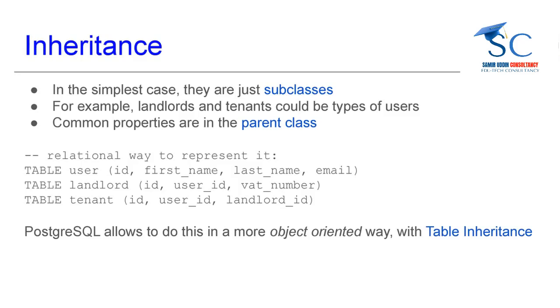So you can define a parent class, in this case user, you build a table for user, and this table has all the common columns that are meaningful for all types of users, including landlords and tenants. And then you build separate tables for the subclasses. So you build a table landlords with the columns that only make sense for landlords, and you create a table tenant with the columns that only make sense for tenants.